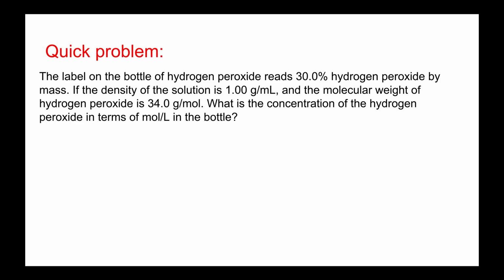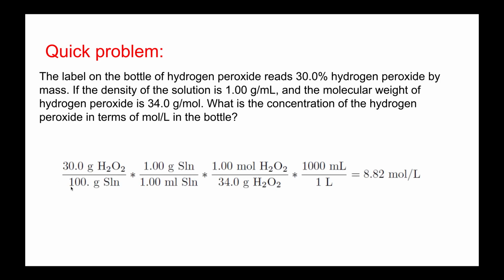All right, let's see. So again, what does that 30% hydrogen peroxide by mass mean? That means I have 30 grams of H2O2 per 100 grams of solution. Then I tell you the density of the solution is about 1 gram per milliliter, so I use that here. The grams of solution cancel out.